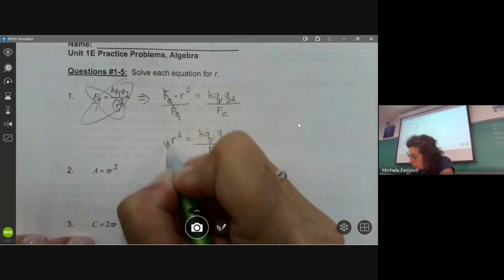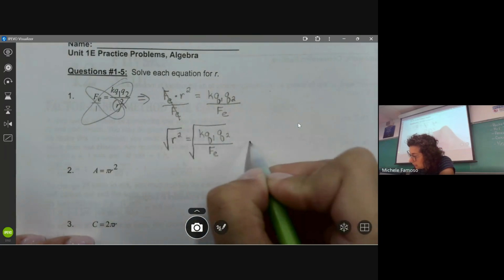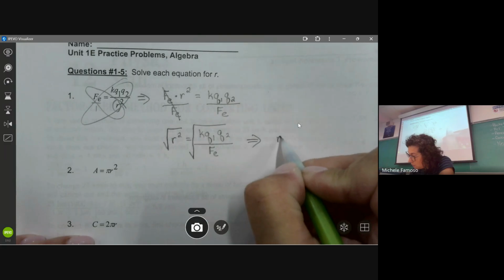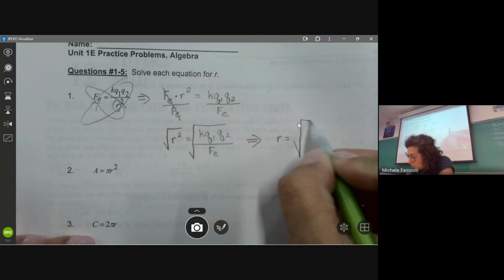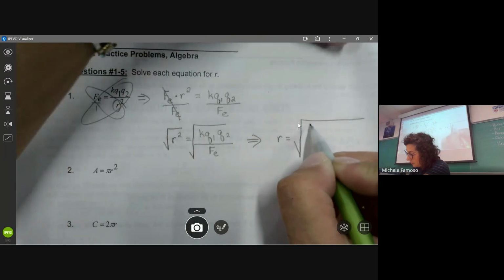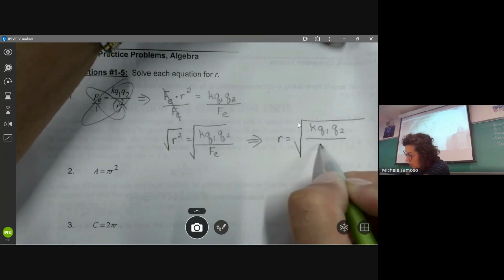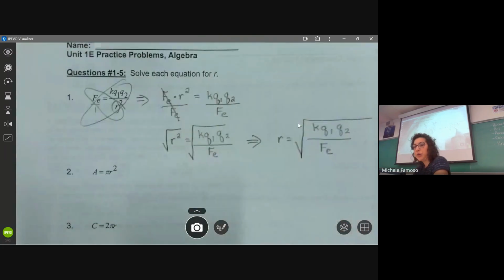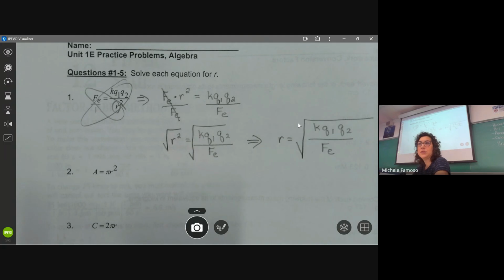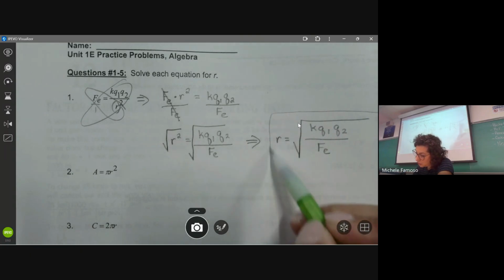Square root of both sides, leaving us with a final equation of r equals the square root of K, Q1, Q2, all over FE. Do we know what any of those variables stand for? No. Do we care right now? No. We just need to be able to move it around. That's all this is about, moving it around, giving us a new equation to work with.